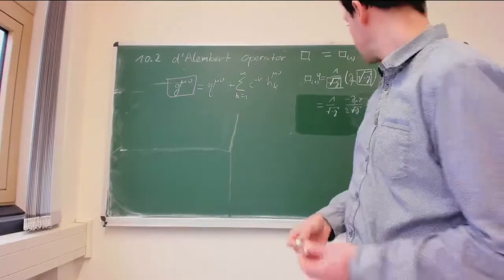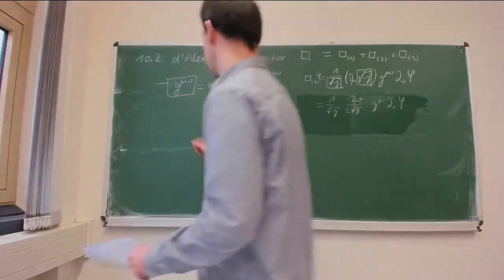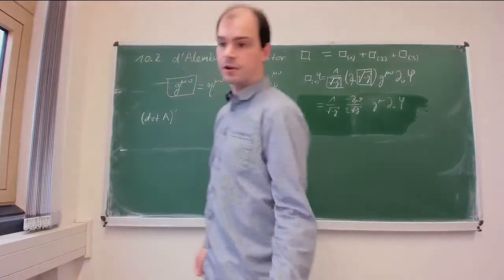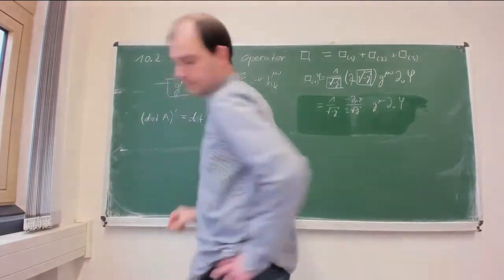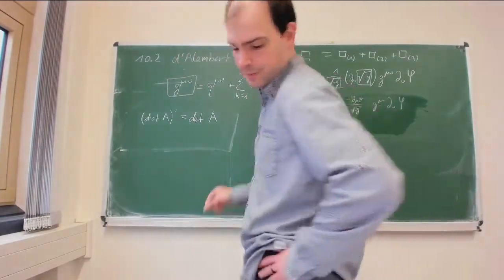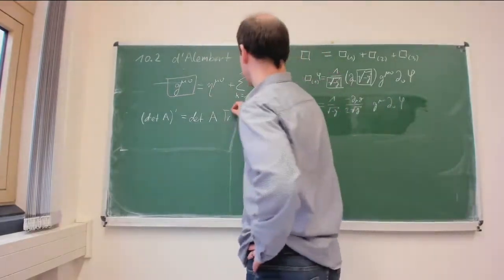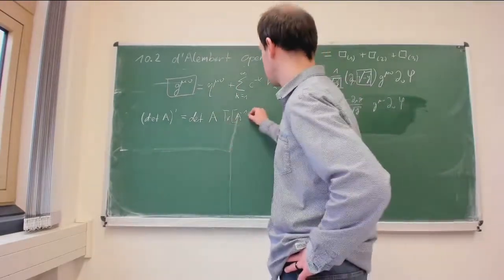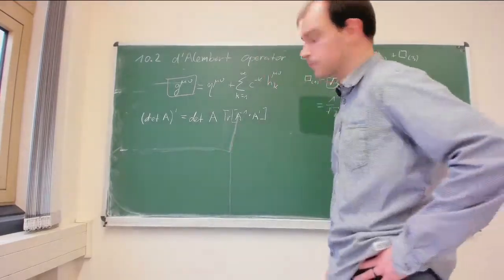In order to calculate the derivative of the determinant, we can use the fact that in general the derivative of a determinant of a matrix can be written as the determinant of the matrix times the trace of the inverse matrix times the derivative matrix A prime.